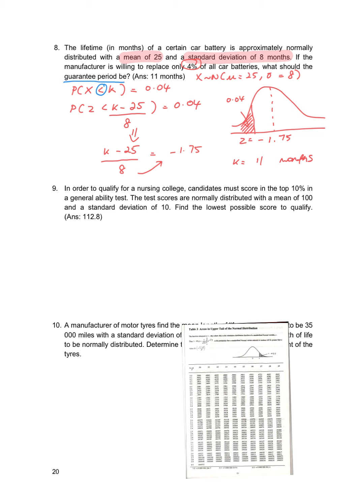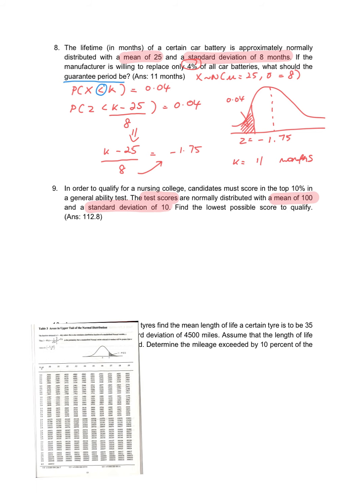Okay, so we have the information here. Our variable here is referring to the test score. So test score are normally distributed with mean of 100, standard deviation of 10. So we can write here X, which is our test score, has normal distribution with mean equals to 100 and standard deviation equals to 10.